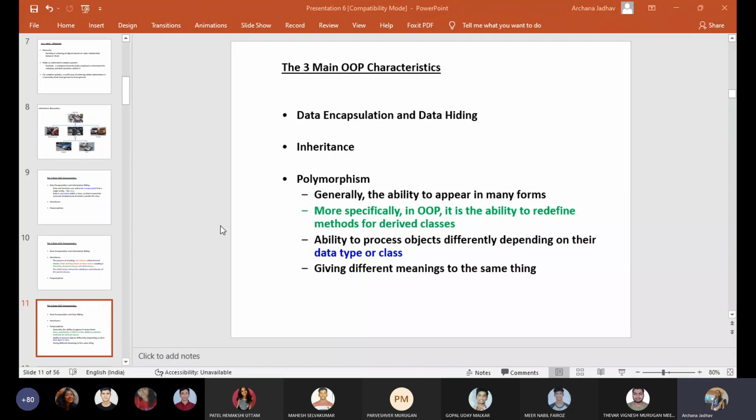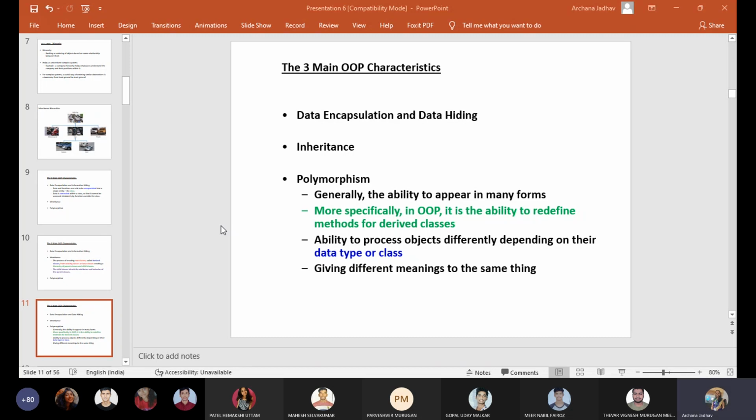Okay, suppose normally you use the plus sign for doing the addition of two numbers. Yes or no? Yes, ma'am.